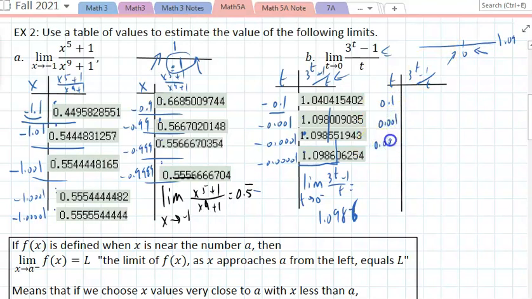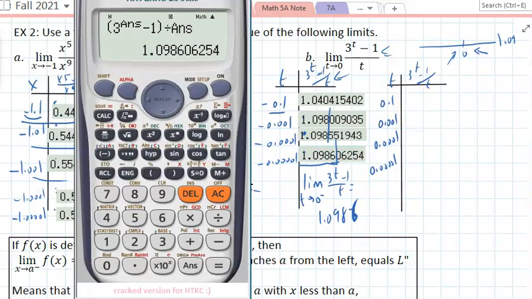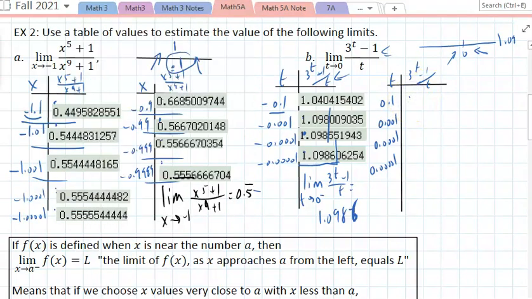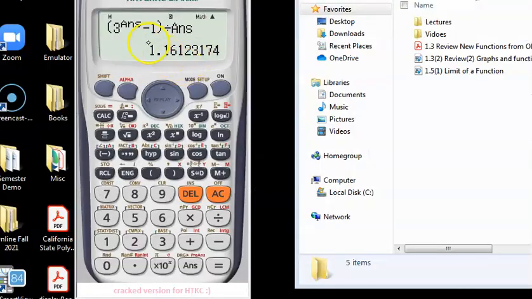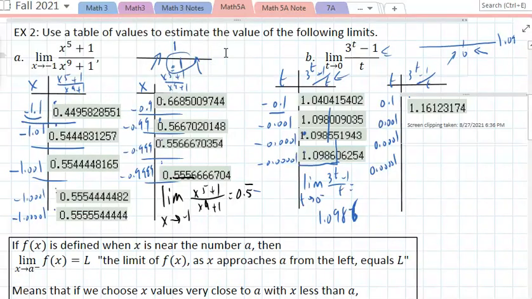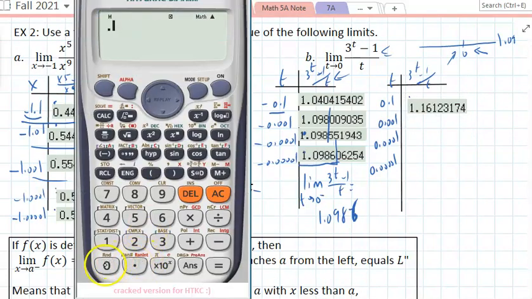Well, let's see how that works. If I take 0.1, enter, 1.1, okay, not bad. How about if I take 0.001, 1.09?